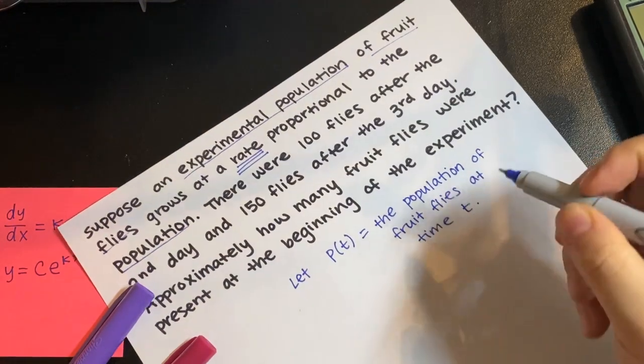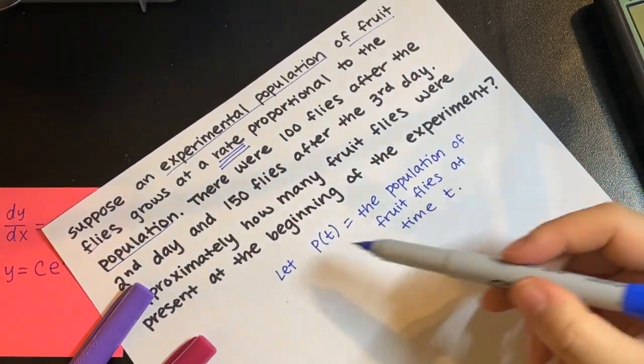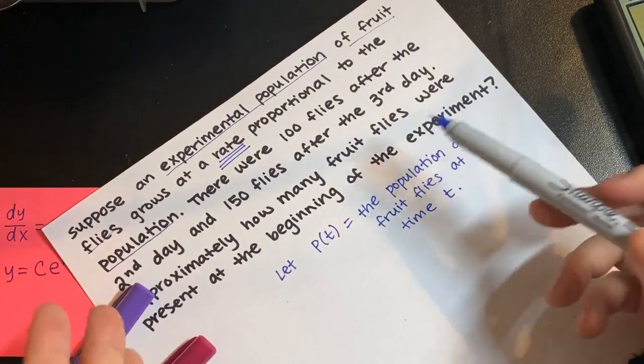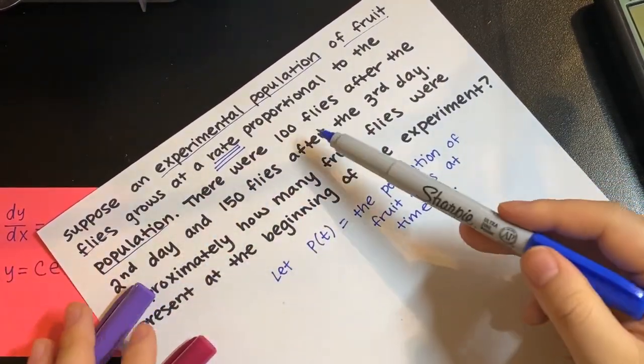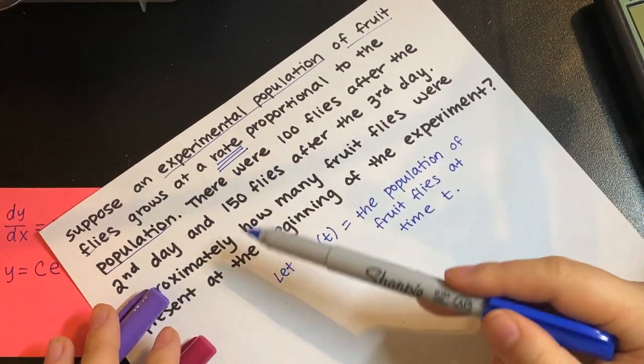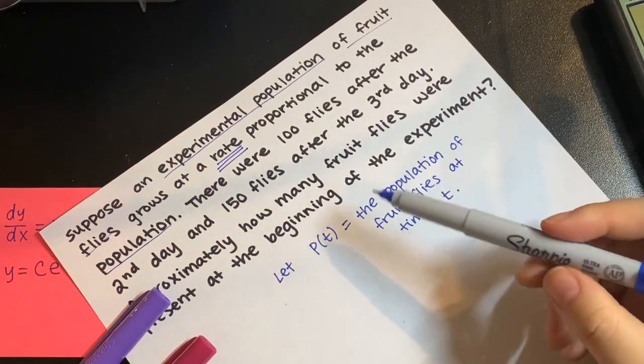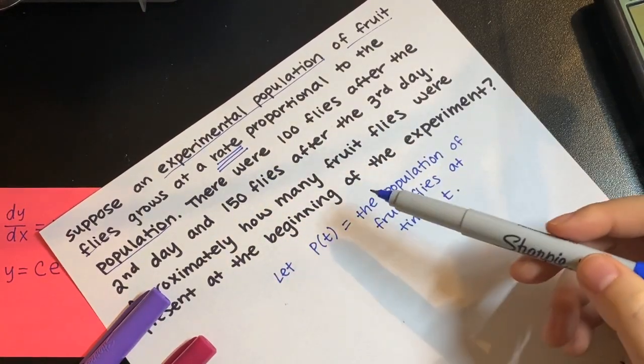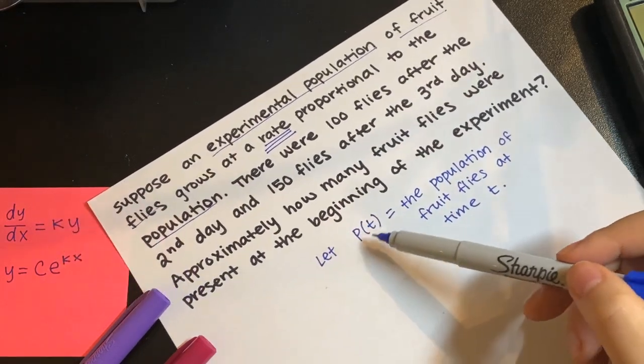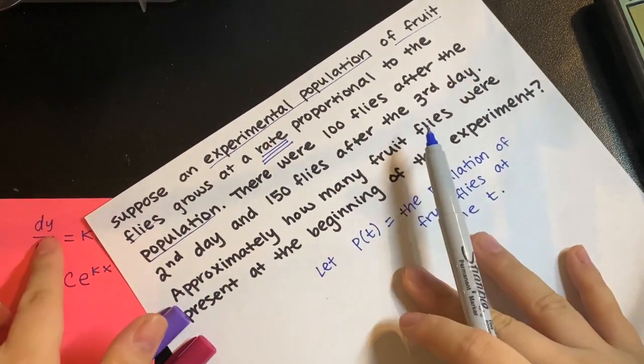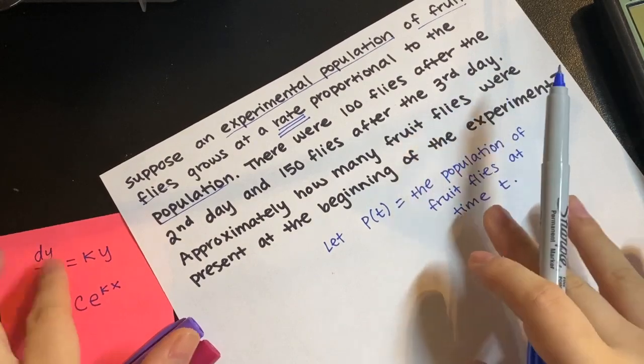It's a function of t because as t changes, the population is going to change. For instance, after the second day we have 100 flies, after the third day we have 150 flies. So if we let P be a function of t, P of t is going to be our y, actually.